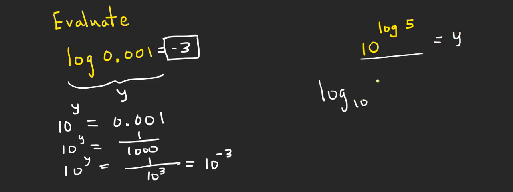Log base 10 of y is equal to the exponent, which was log of 5. Now, since you don't see the base, there's an invisible 10. Now notice, this is log base 10, log base 10. Only when these two are equal to each other is y equal to 5. Therefore, this whole thing is equal to 5.